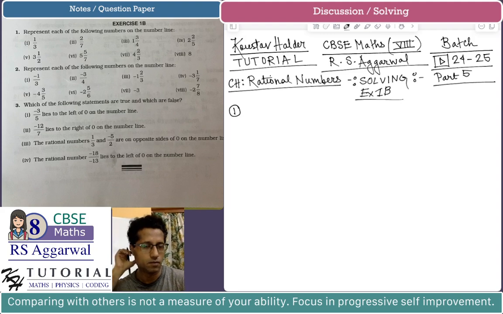Okay, the first problem is: represent each of the following numbers on the number line. So let's do part 1, which is 1 by 3.